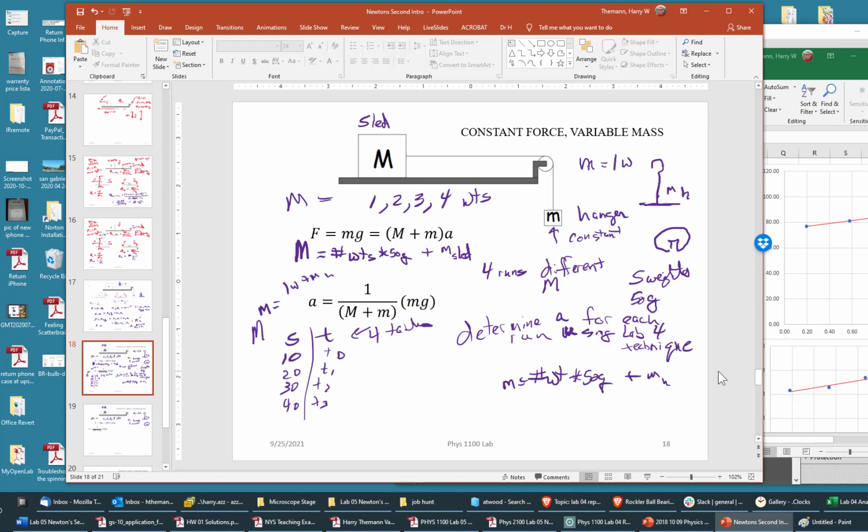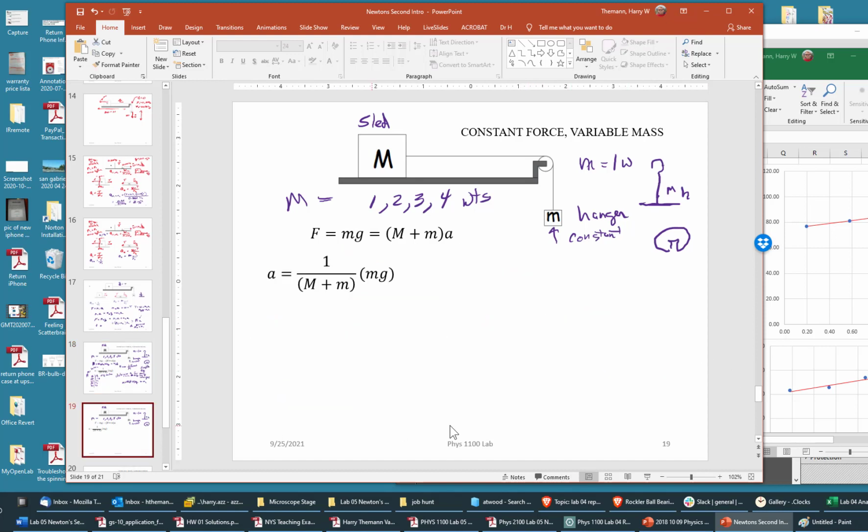And then for each of the 4 runs, we're going to get an acceleration. So then we're going to have, say, acceleration 1. That's going to have capital M1, but the same little m. A2. So we're going to then create a separate table.